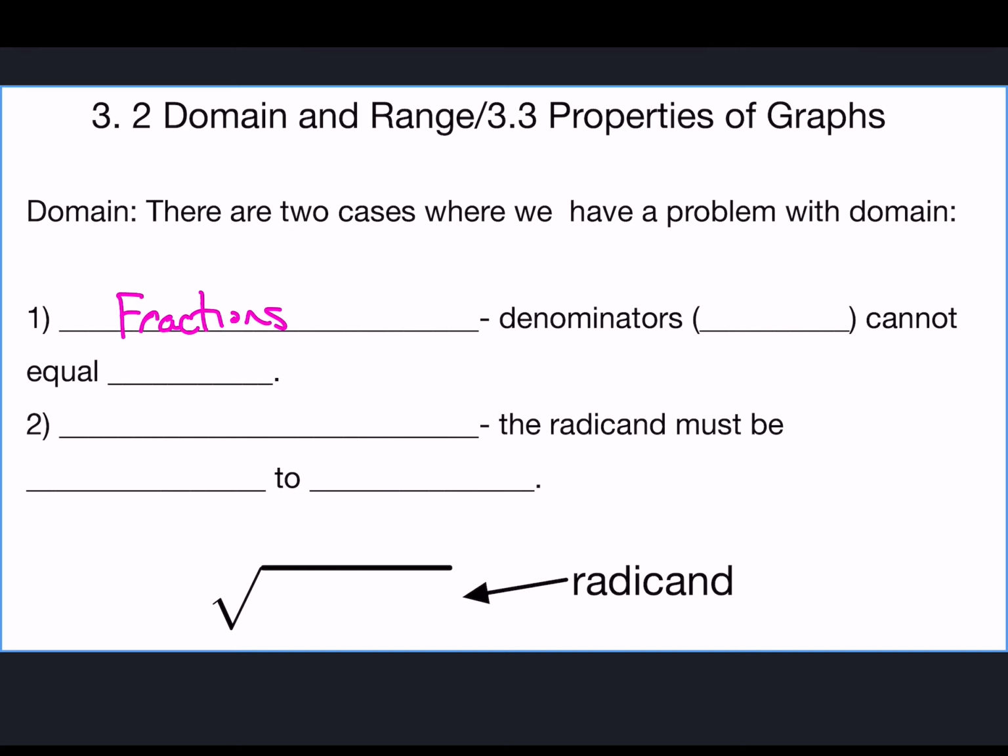So the denominator, which is the bottom of a fraction, cannot equal 0. I'm laying it out for you. If there is a denominator, one of the issues you can have with the domain is when that's equal to 0. The other one is a square root function.